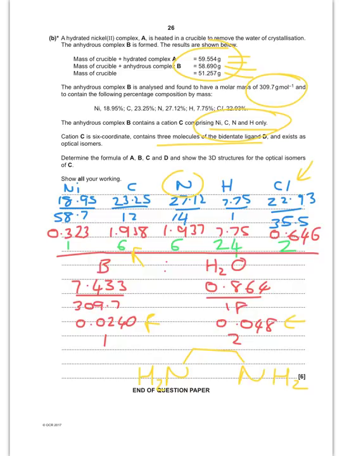Then in terms of your structure, you've got 3 of those, so you can have optical isomers, which I will draw on the next page. So you're going to have your nickel in the middle, and then we're going to do dash, dash, dash, wedge, wedge, wedge. I then put your nitrogens on like so.